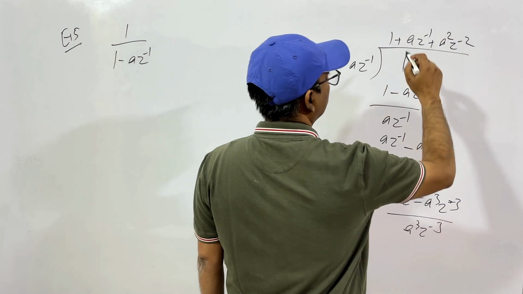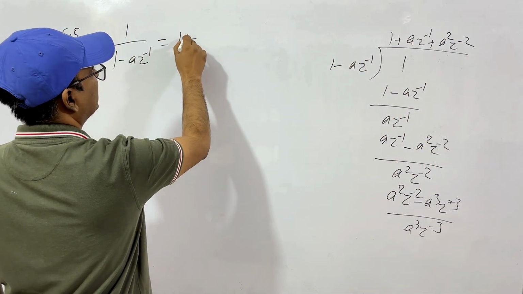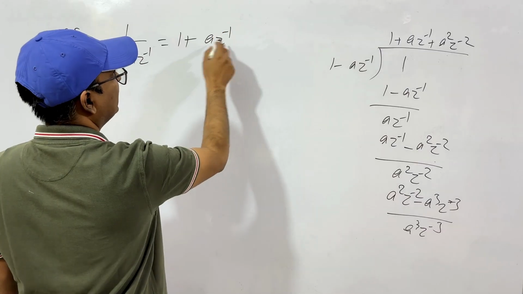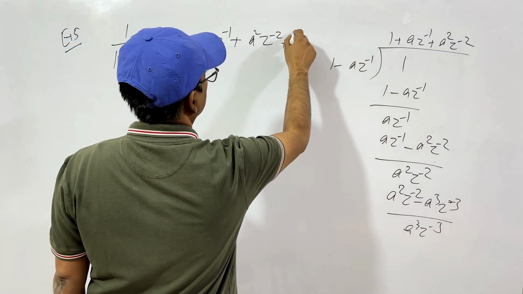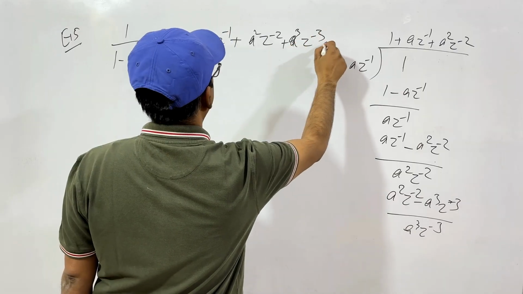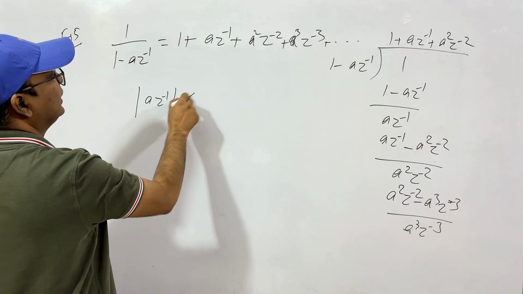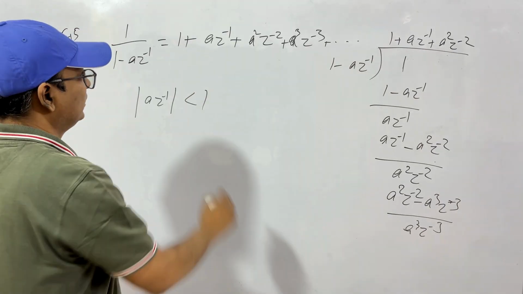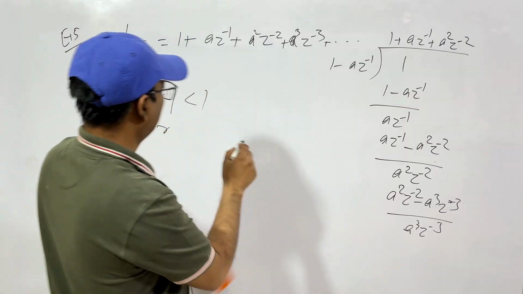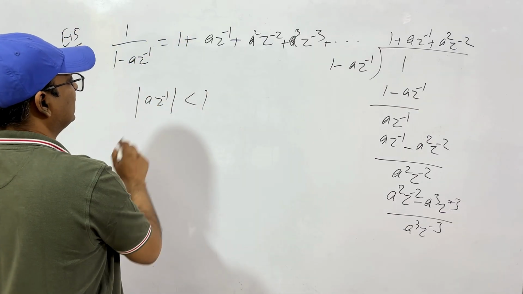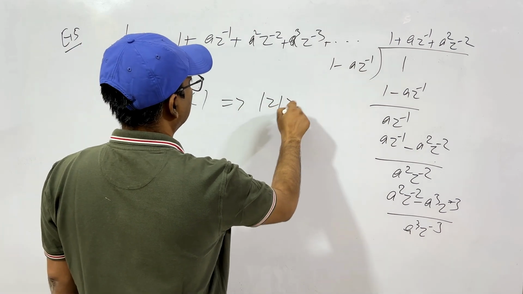So you see there is a pattern. This is a power series. So this can be expanded as 1 plus a z minus 1, plus a square z minus 2, plus a cube z minus 3, and so on. Now, if |a z inverse| is less than 1, you know geometric progression. If this be r, then the sum is 1 by 1 minus r. This you know, only when r is less than 1. So if this is less than 1, this means a by z is less than 1, so it means |z| is greater than |a|.